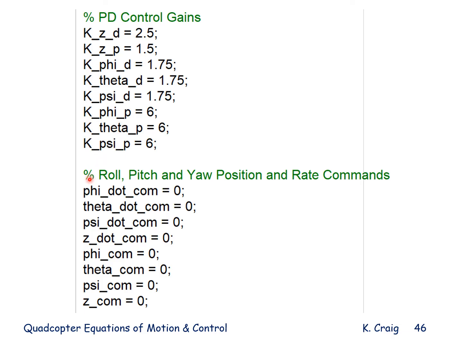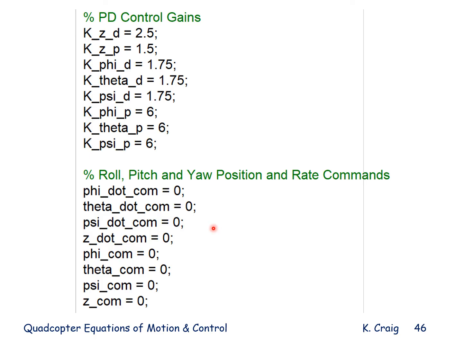The roll, pitch, and yaw position and rate commands are all 0, as we want to bring the quadcopter to a 0 orientation from an initial configuration where the 3 angles, roll, pitch, and yaw, are 10 degrees with 0 rates of change of the 3 angles.